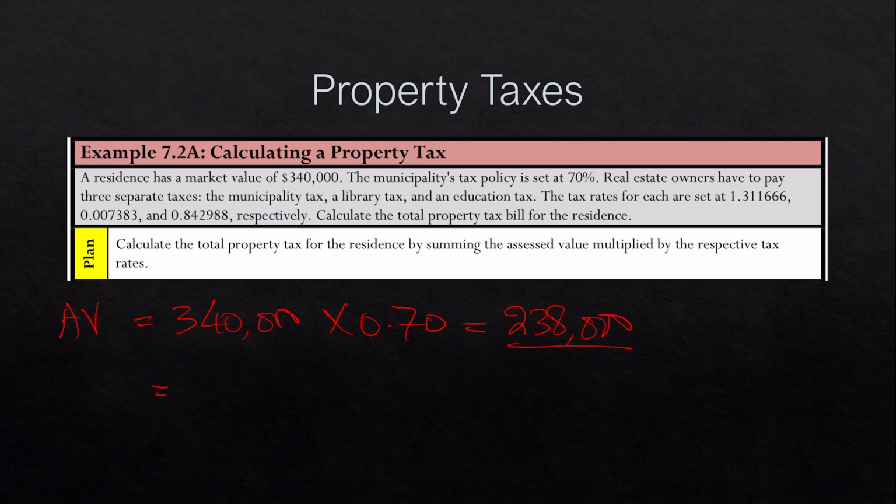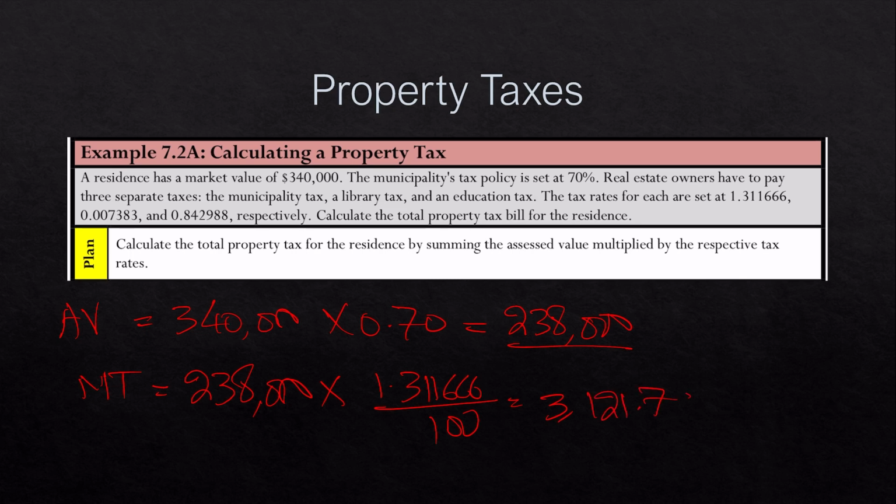Now we have to apply this assessed value, 238,000, to each tax rate set at this much, this much, and this much. The first one is for municipal tax. This one, multiplied by 1.311666 divided by 100, gives us 3121.77.